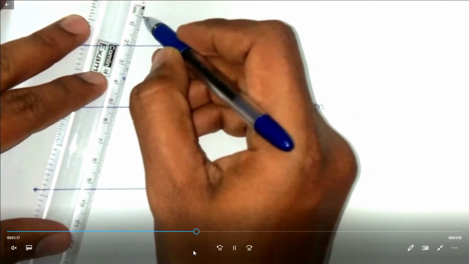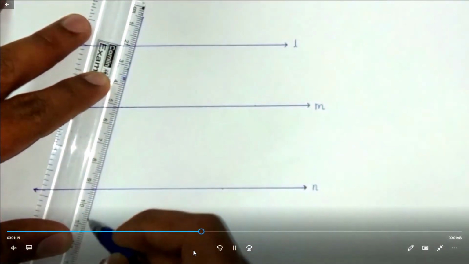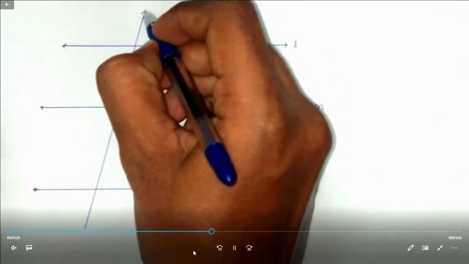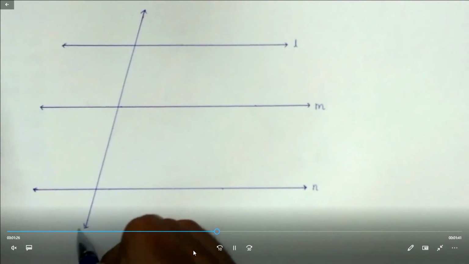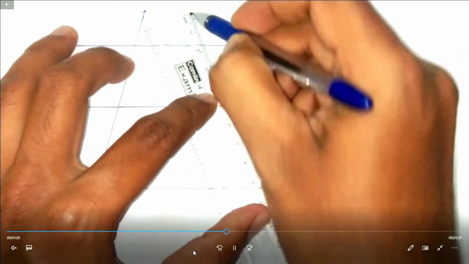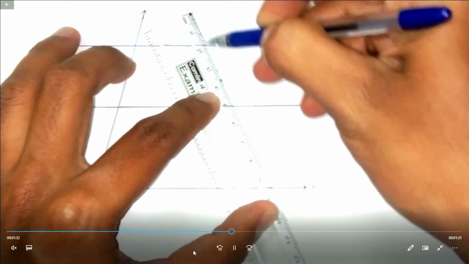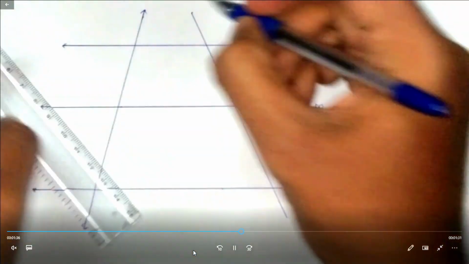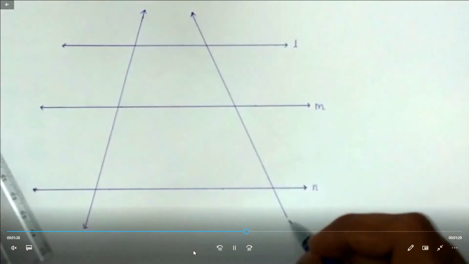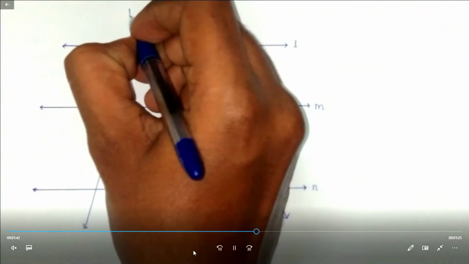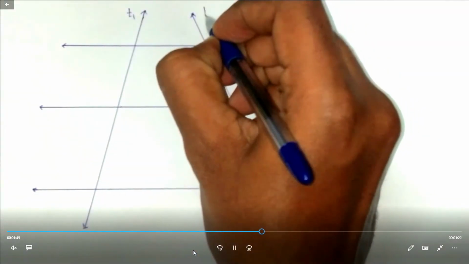Now we have to draw two transversals. This is the first transversal I am going to draw, transversal T1. And this is the second transversal, transversal T2. Give the names T1 and T2.